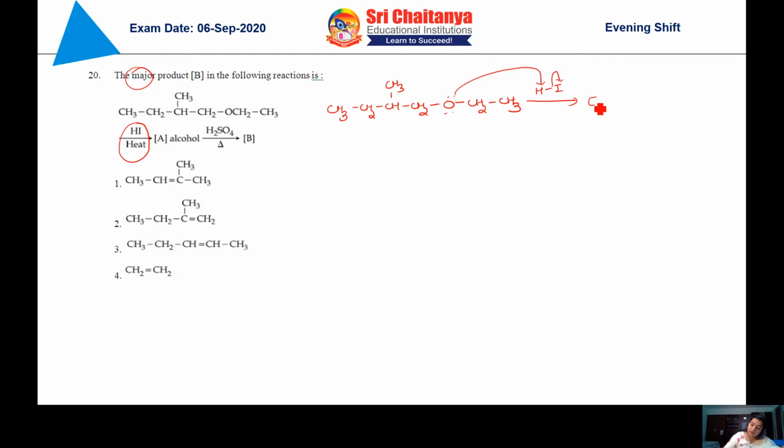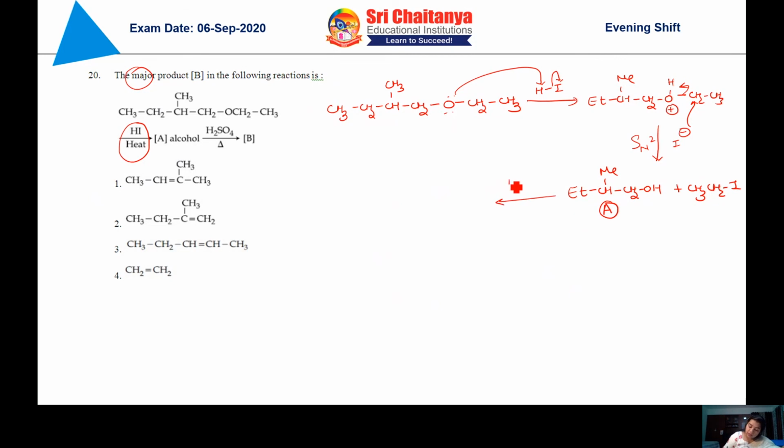So I will have Et-CH(Me)-CH2-OH(+)-CH2CH3. I minus attacks by SN2 at the less substituted side. So this is what will happen. I will have the alcohol as Et-CH(Me)-CH2OH, and the alkyl iodide as CH3CH2I. Correct? Now A is an alcohol, so this is our alcohol.